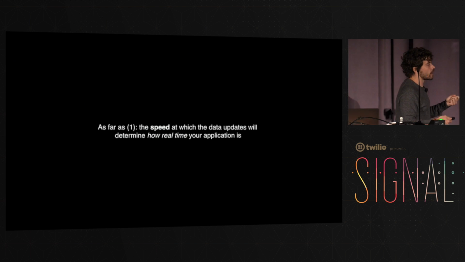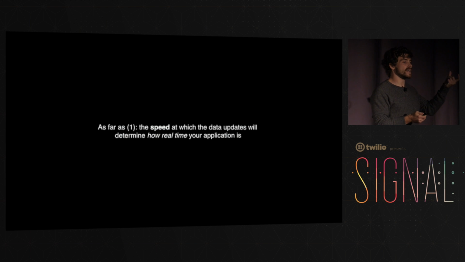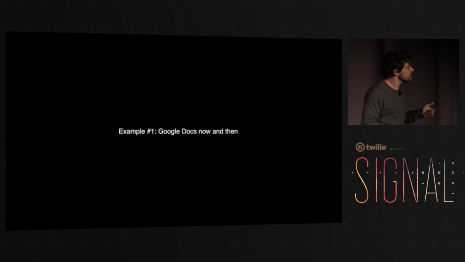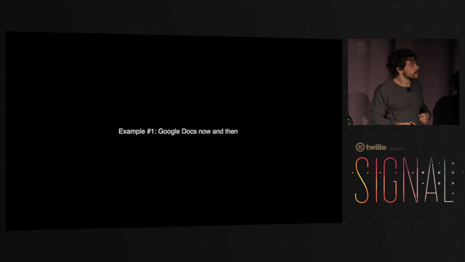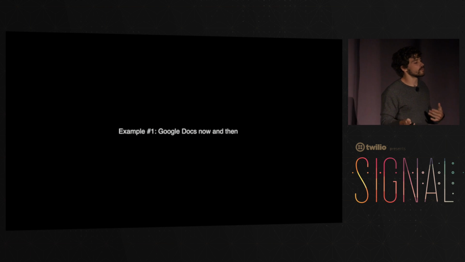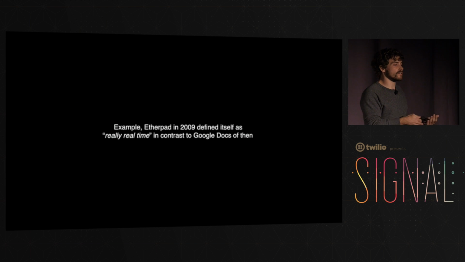The speed of how frequently the data updates, so the speed of that first fast point that we made, will determine a gradient of how real-time your system is. An example that I like to give is when Google Docs first came out, their implementation was quite different from what it is today. And Etherpad, an alternative to it, came out in 2009 saying, we're really real-time, and that's our main differentiator from Google Docs.